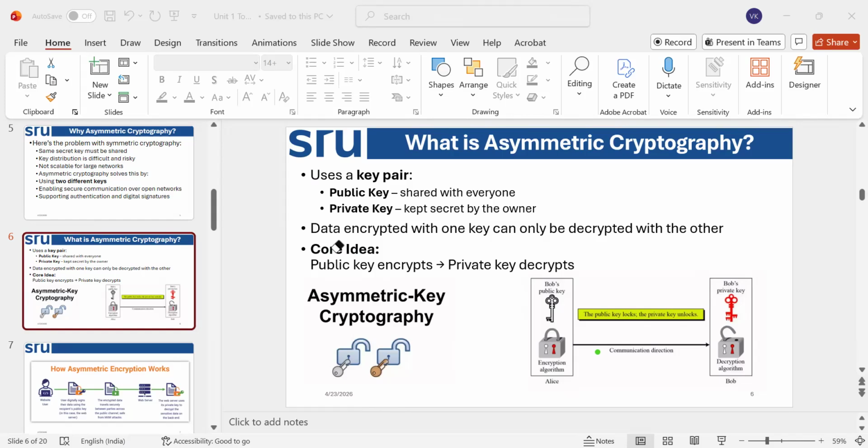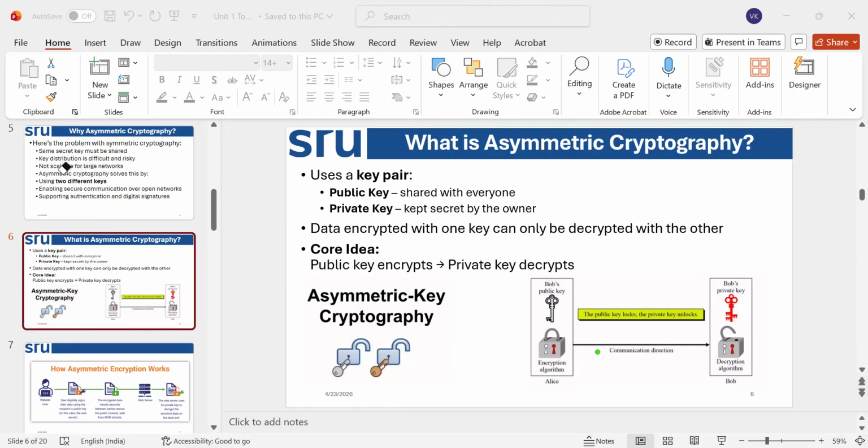The same person's public key and private key are used to encrypt and decrypt. If we want to send a message to A, A's public key is used for sending, and then A's private key can be used to decrypt the message. That is how it works.